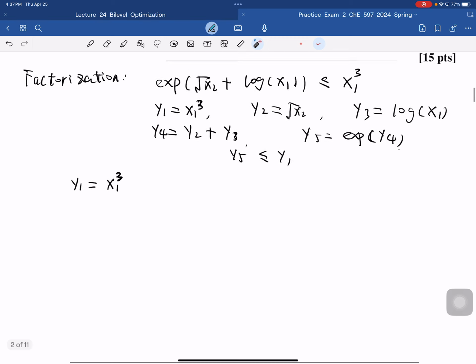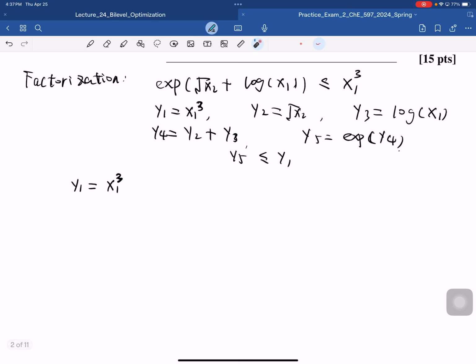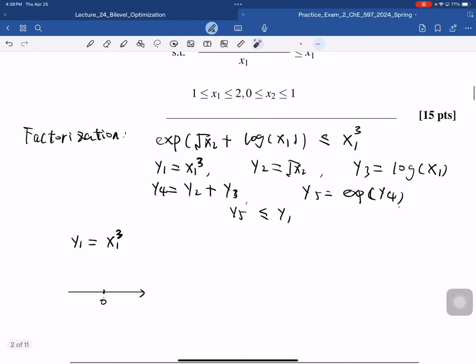Okay. So in other words, we need to write a convex underestimator and a concave overestimator of this function. If you plot this function, maybe to give you some intuition, this is x equals 0, and we are interested in x1 from 1 to 2.